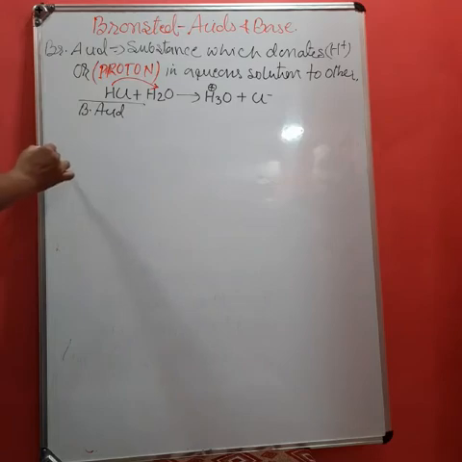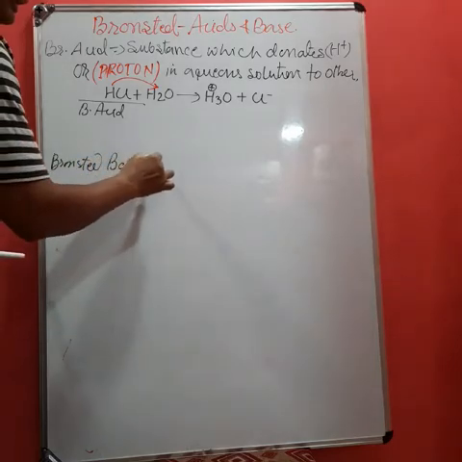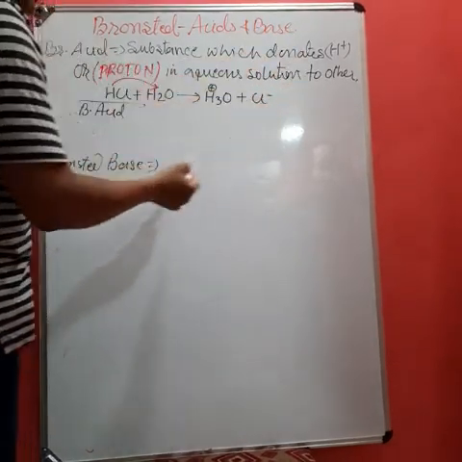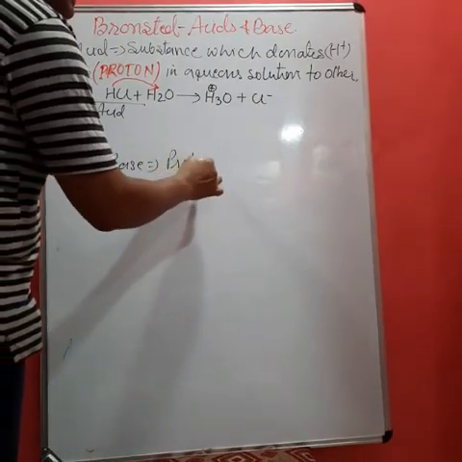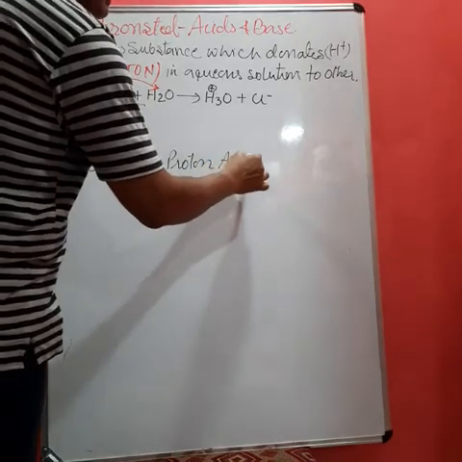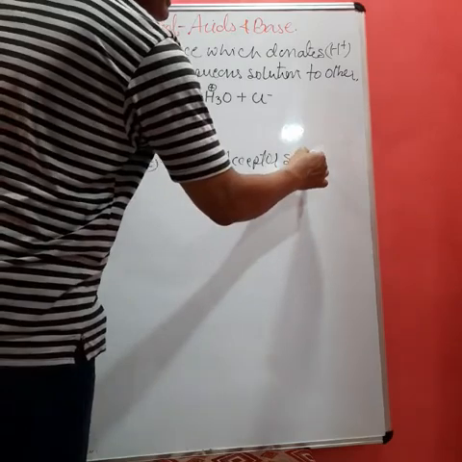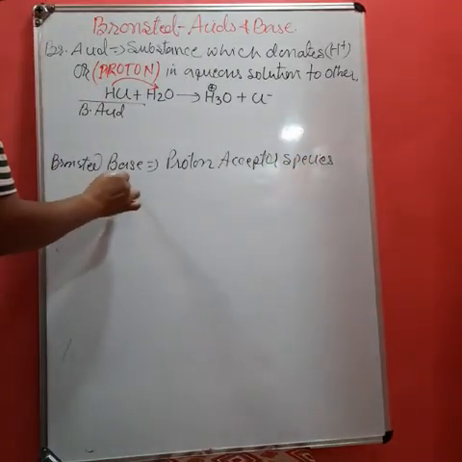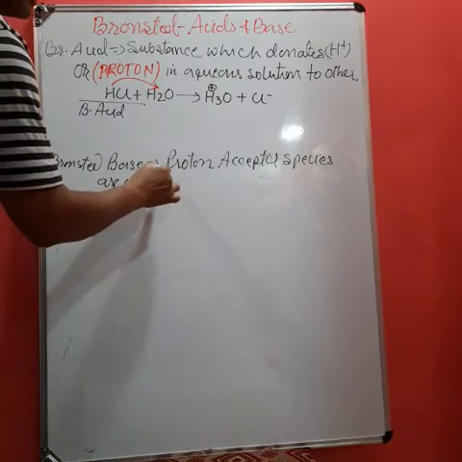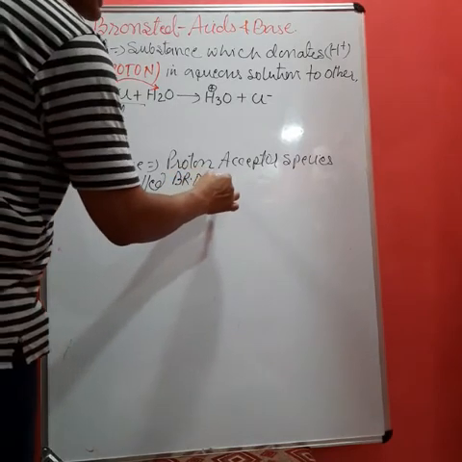Similarly, we have the Bronsted base. Now, the acid is the proton donor. So, simply what can we say? Proton acceptor species are called base. But which base? Bronsted base.